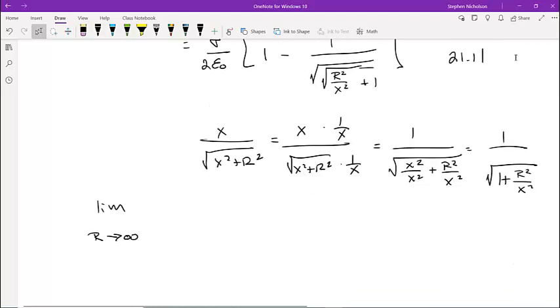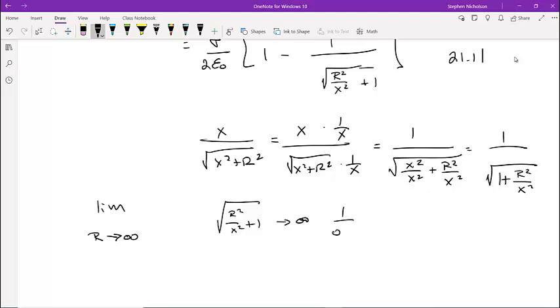So what happens is R goes to infinity. The square root of R squared over x squared plus 1 goes to infinity. So you get 1 over infinity, which goes to 0.